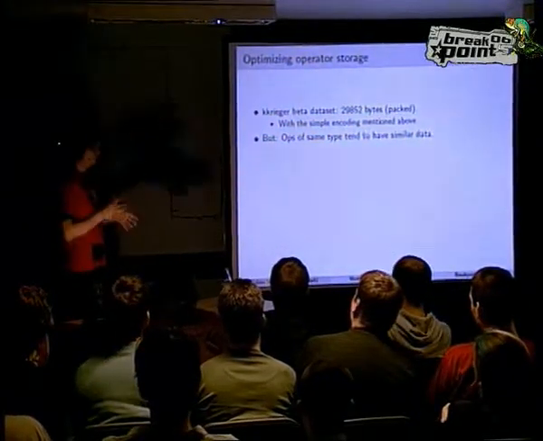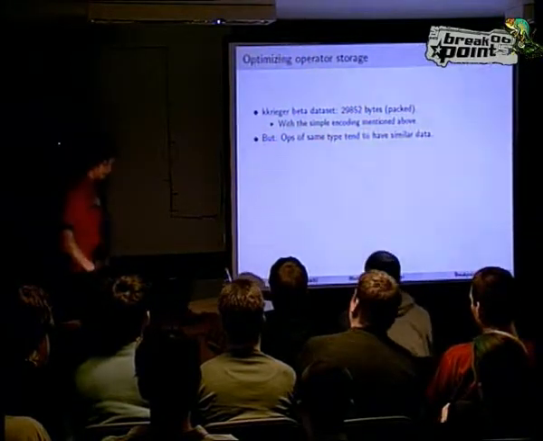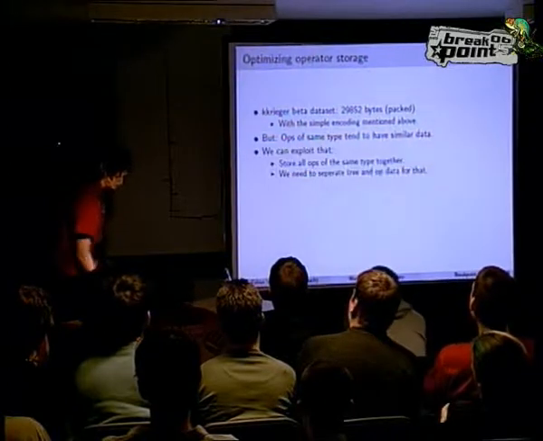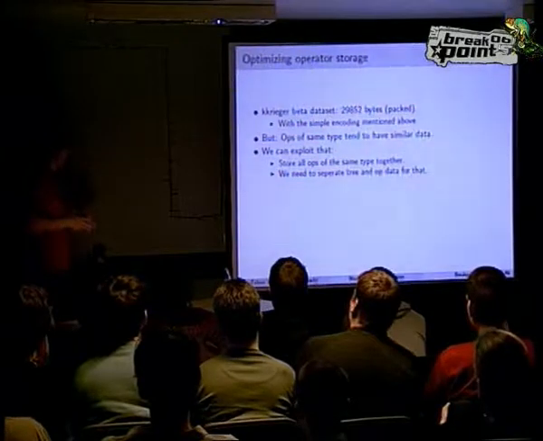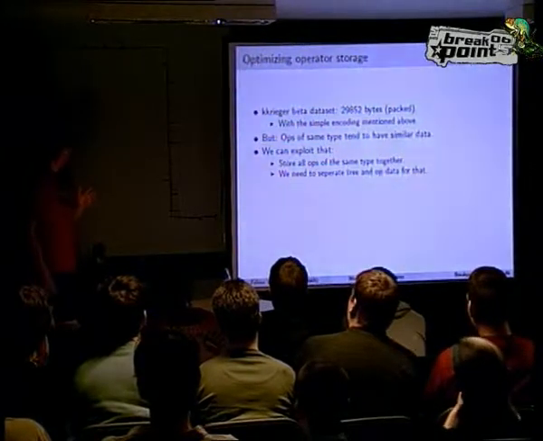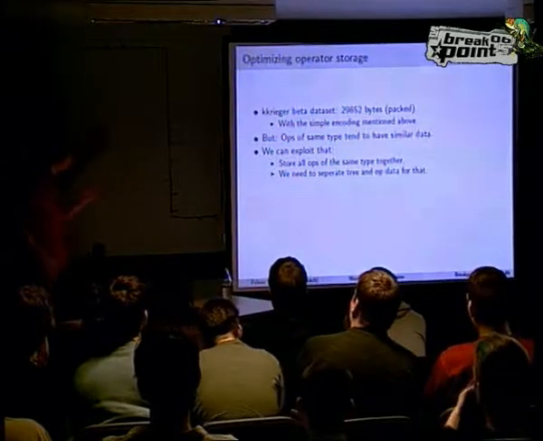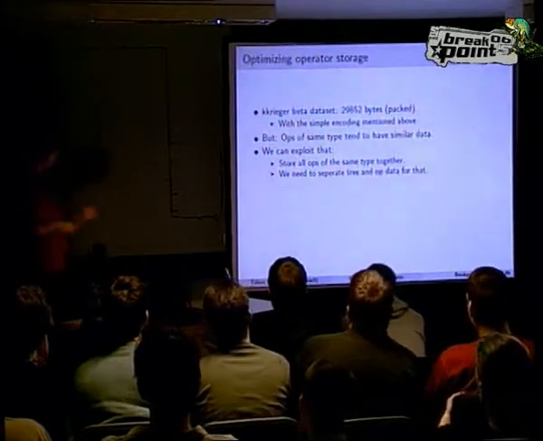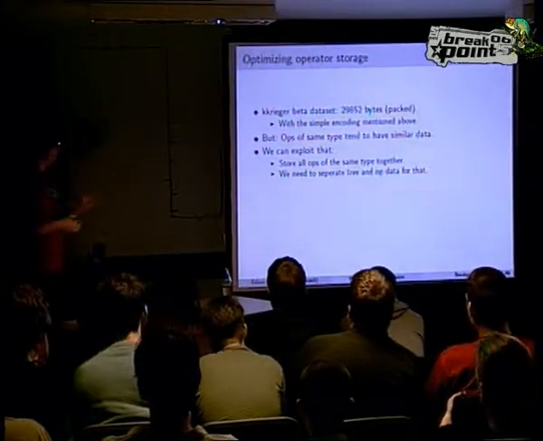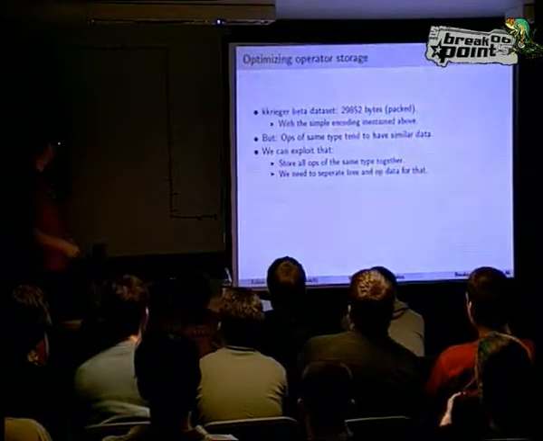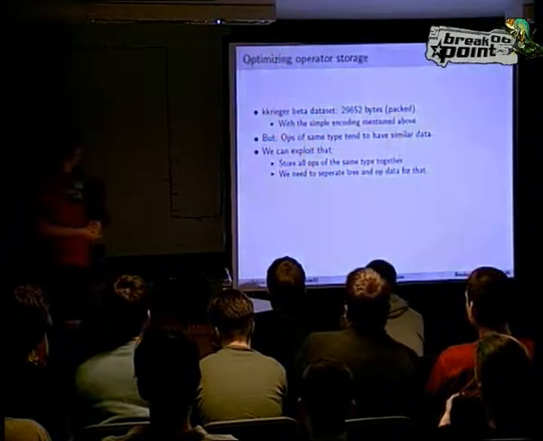And this tells us that it's probably a good idea to try to group them so we can exploit the differences between them better. And so what we try is we store all operators of the same type together. But to do that, we obviously need to store the tree and the operator parameters in a separate way because, by now, the operator data doesn't happen in the same order as it does in the tree.